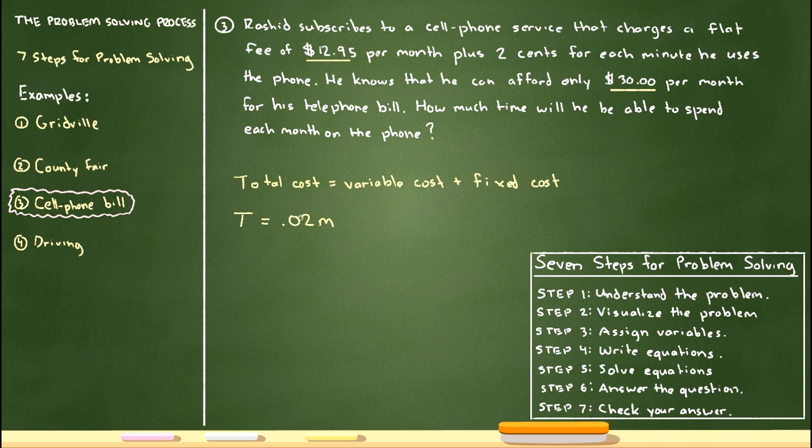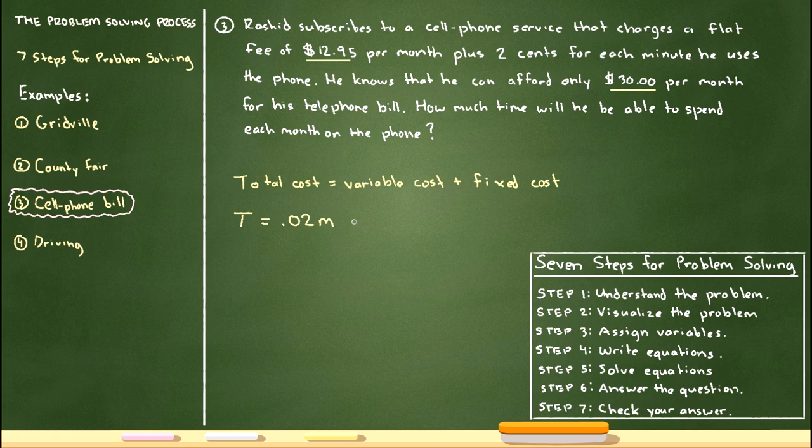So if he was talking on the phone for 100 minutes, he would be charged $2, right? And that's reasonable, right? If we put just a 2M here, then it looks like if he talks on the phone for 100 minutes, he's being charged $200. So we want to be careful of that mistake. We want to make sure we convert cents into dollars here. I mean, you could convert dollars into cents, but most people would prefer to work in dollars, I believe. So we'll convert cents into dollars as being 0.02. So that's our variable cost.